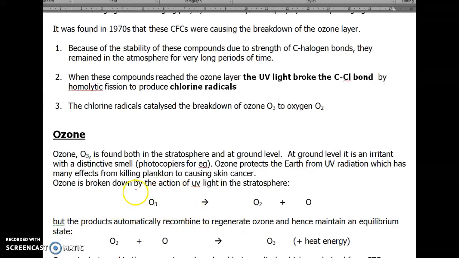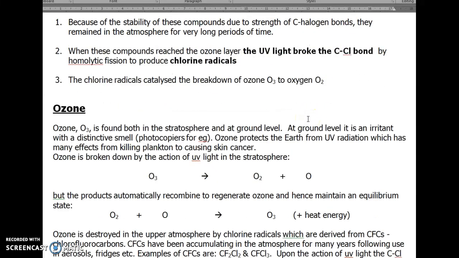Unfortunately, CFCs, chlorofluorocarbons, were found in the 1970s to be causing the breakdown of the ozone layer. And so the world's taken actions to phase out CFCs to help the ozone layer to regenerate, because in the stratosphere, ozone breaks down to an oxygen molecule and an oxygen atom, but these will automatically recombine to form ozone molecules.